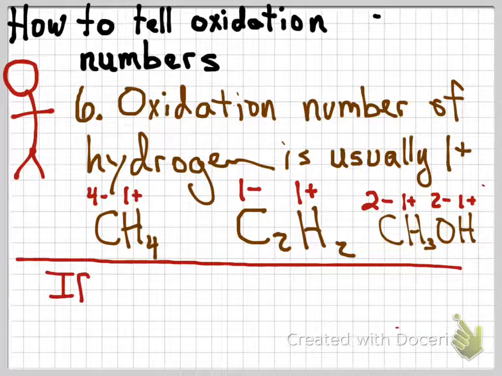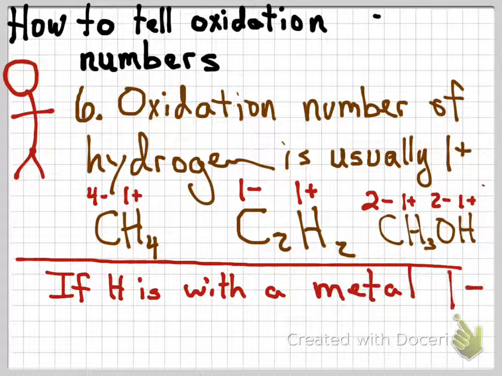Now, in this last example, which is methanol, all four of the hydrogens have a charge of +1. The oxygen we know is -2, and that allowed us to calculate the oxidation number for carbon as -1, because with those oxidation states, all of those add together to make a charge of 0.